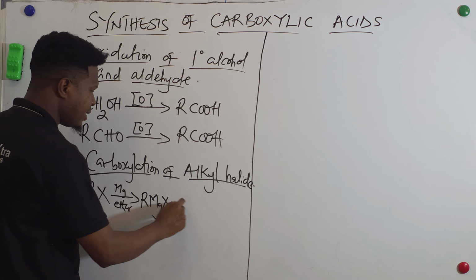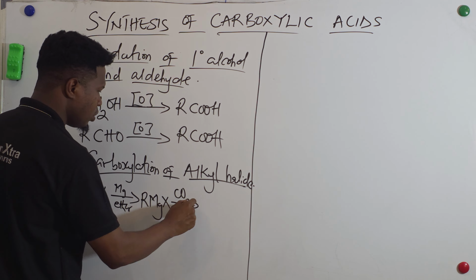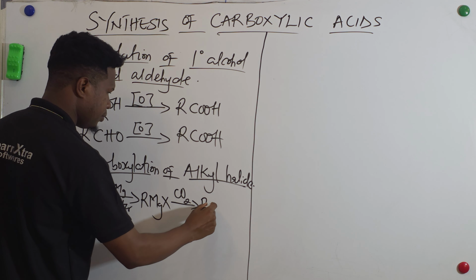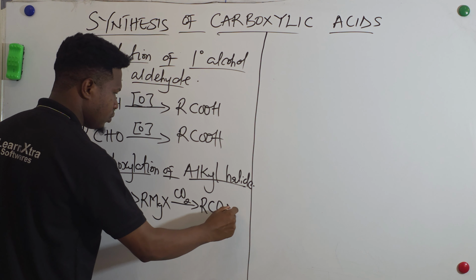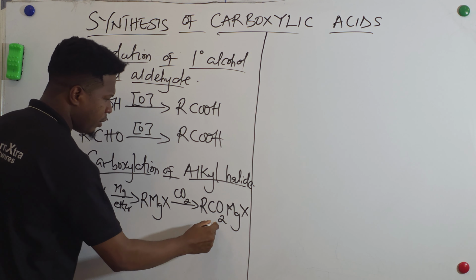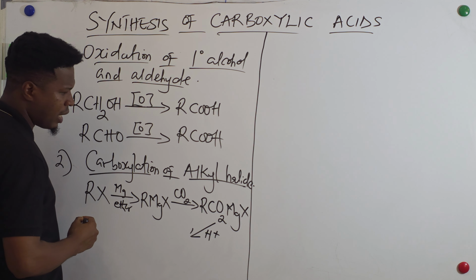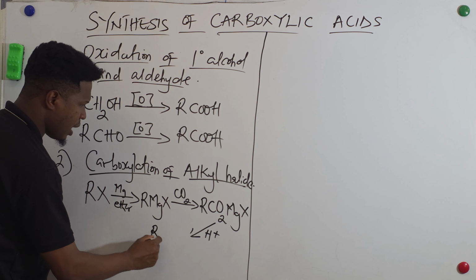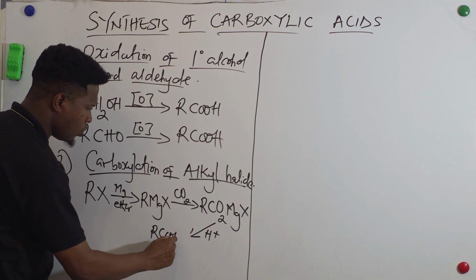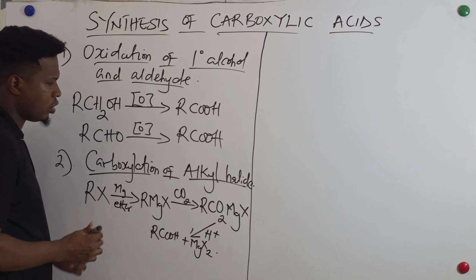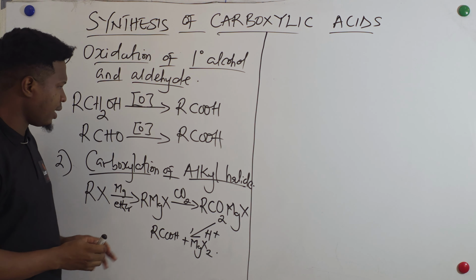You can further react it with CO2 to get the carboxylate salt. Then you protonate it, reacting with an acid to have RCOOH plus MgX2. So this is the carboxylation process.